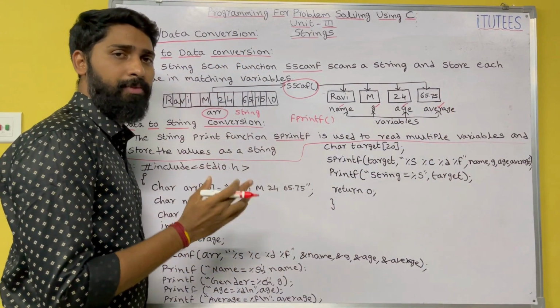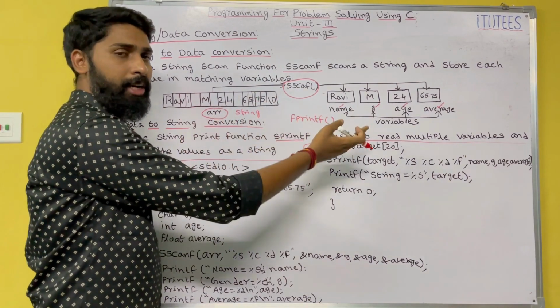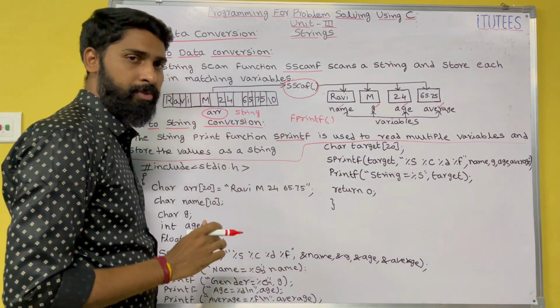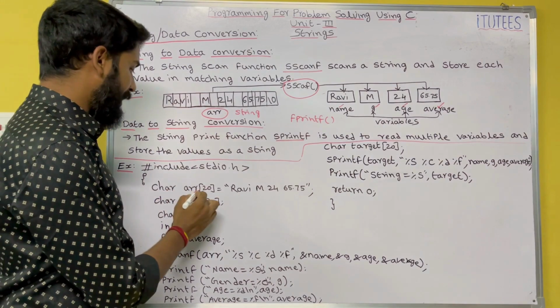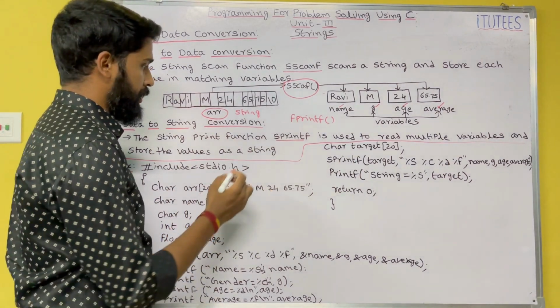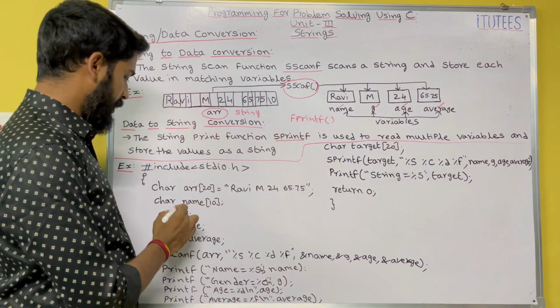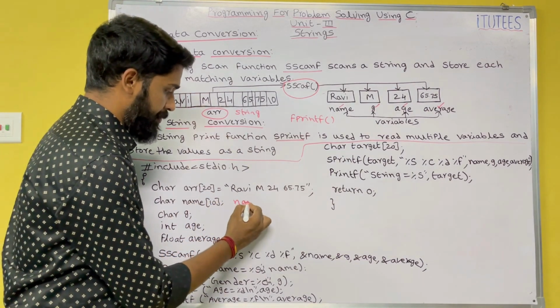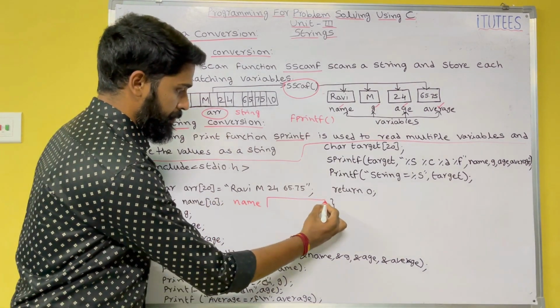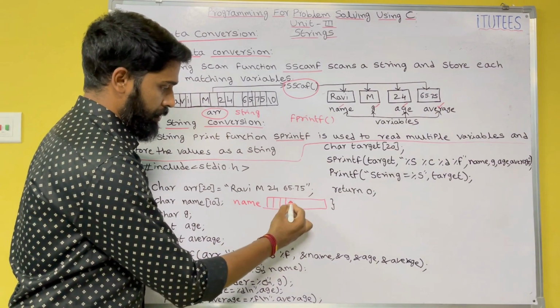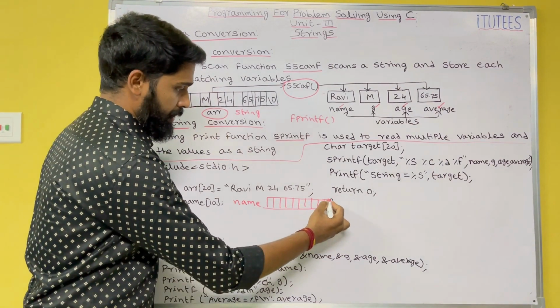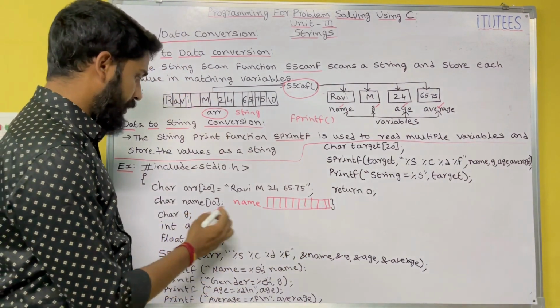So how can we convert this string into data? By using scanf. Now we see that. char ARR 20 equals this string. It is stored like this. We take the variable name, and g.